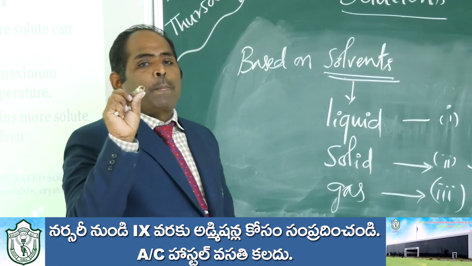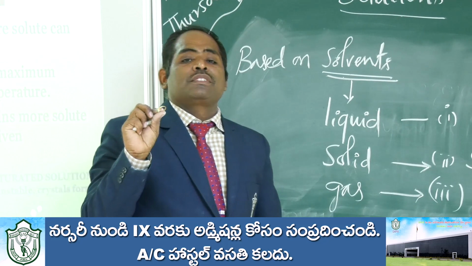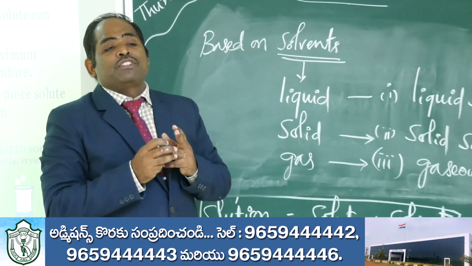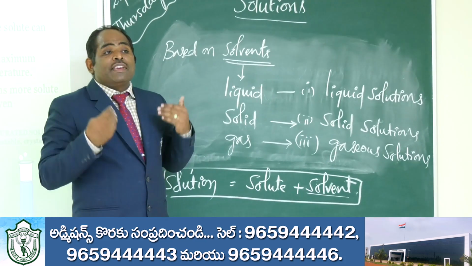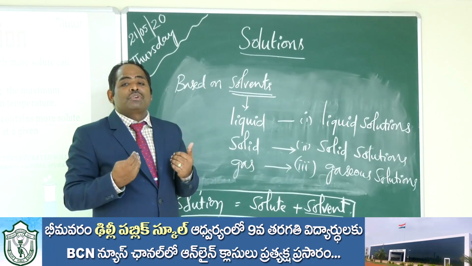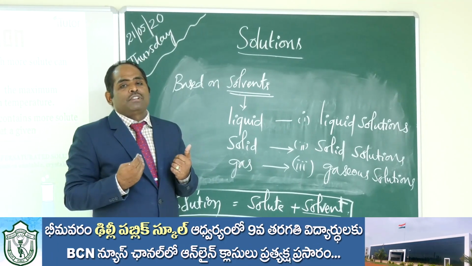Is it clear? Now come to the gaseous solutions. Air is a mixture of all the gases. We are breathing air. That is a solution only, but this solution is called a gaseous solution. Remember it, children.